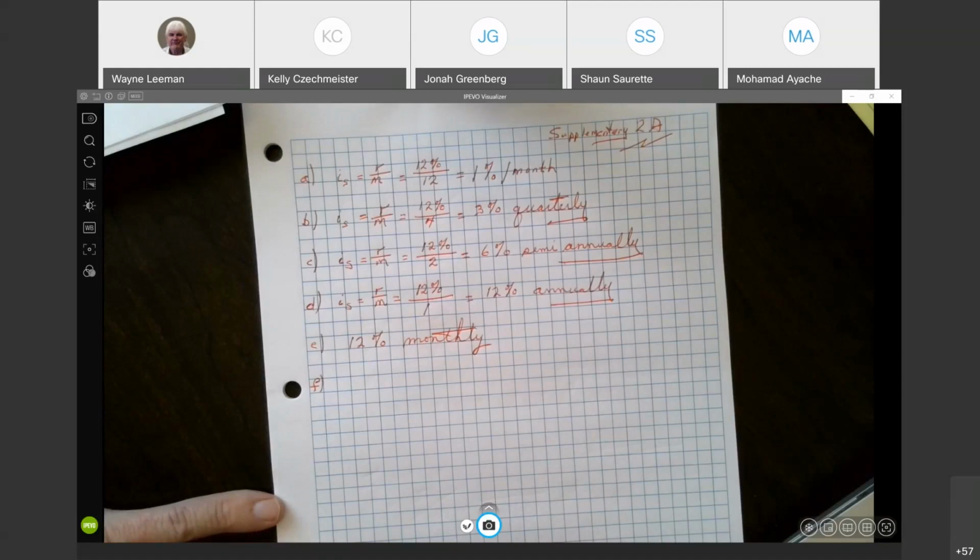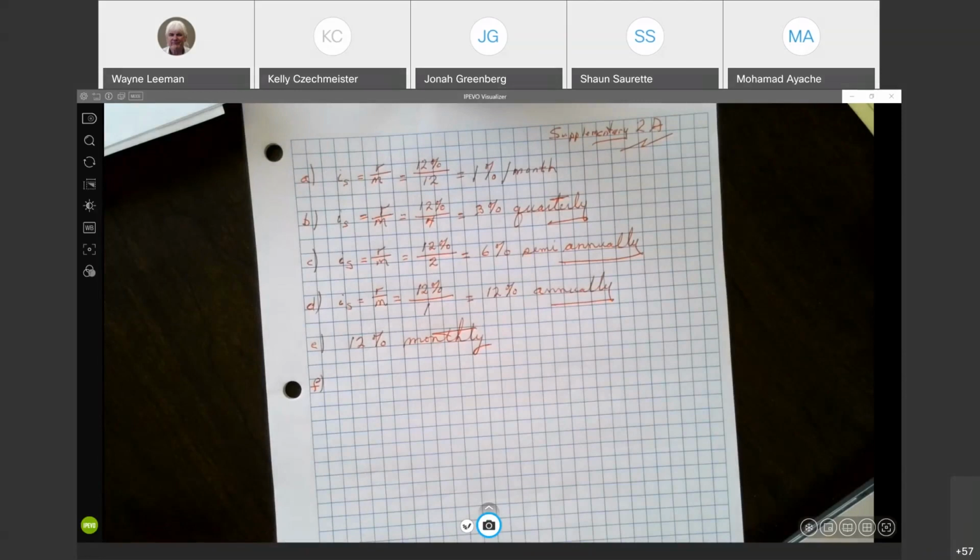I'm not sure of the grammar here, but secondly, it could be semi-annual, every 6 months. It could be quarterly, which we've worked. Could be annual, which we've also worked. So you have to read that little phrase carefully.